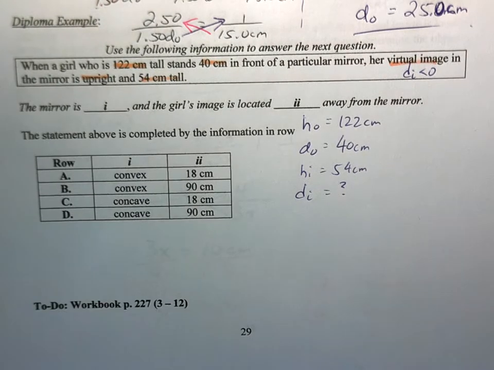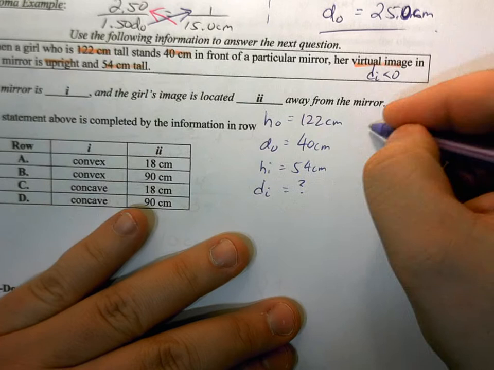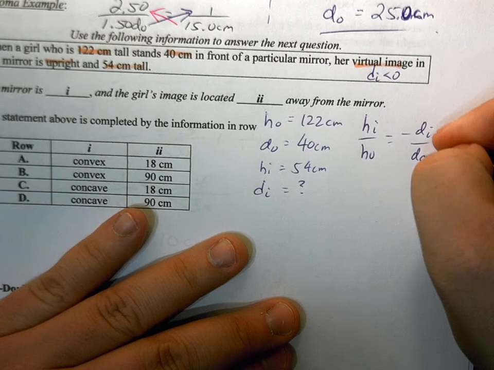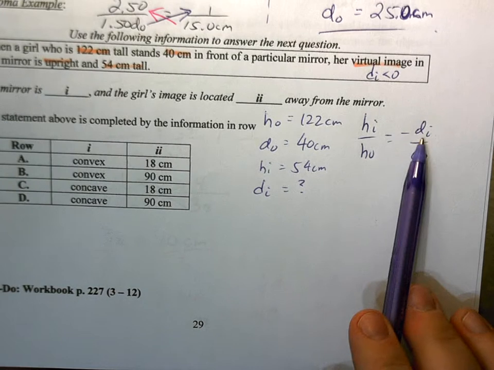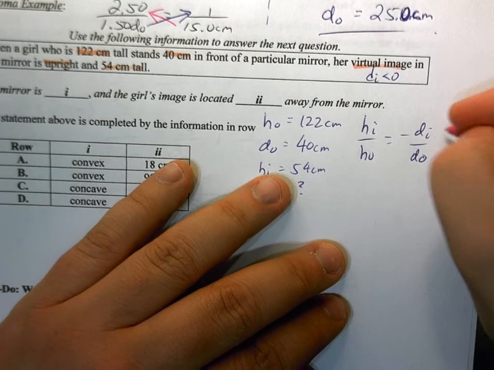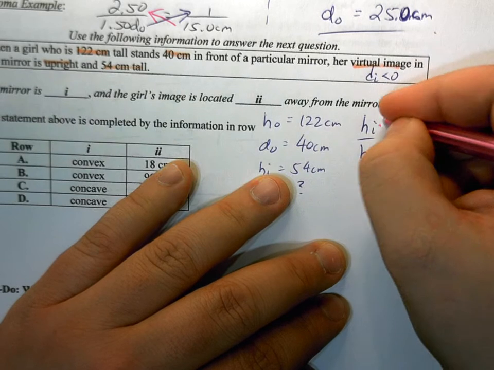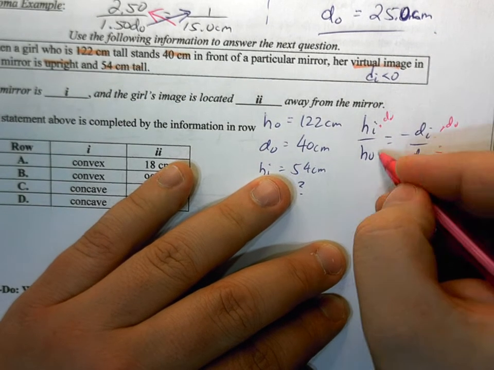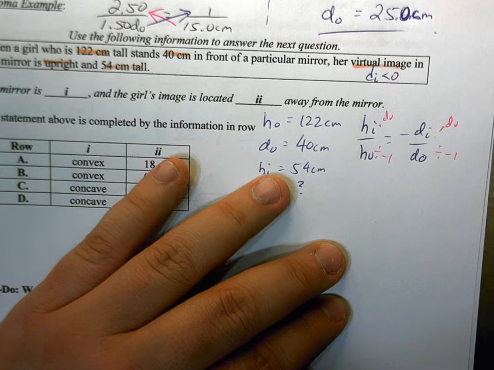So HO, DO, HI, and DI are all related by this equation: HI over HO equals negative DI over DO. The objective here is to find DI. So we're going to multiply both sides by DO, and then divide by minus 1, which means we just transfer that negative to the other side.